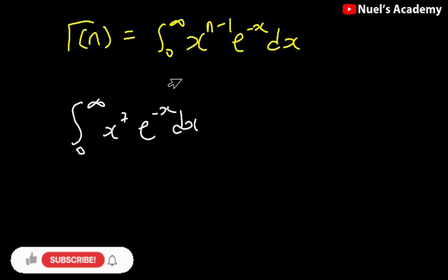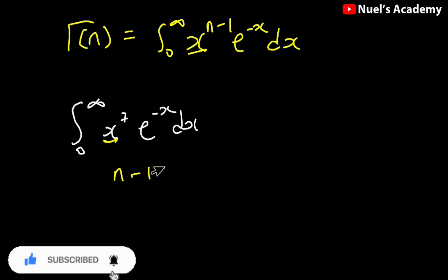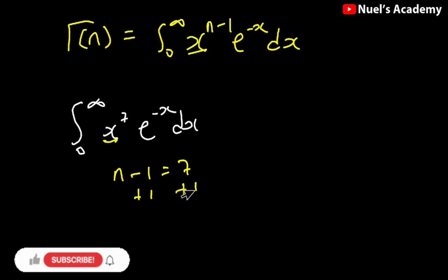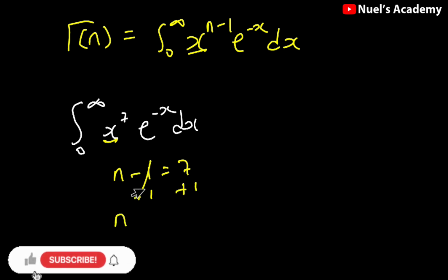So we are going to equate the powers of x. n-1 is equal to 7. Now let's add 1 to both sides. Then n is equal to 7 plus 1, which is 8. So here n is equal to 8. Then the answer here is going to be gamma 8.